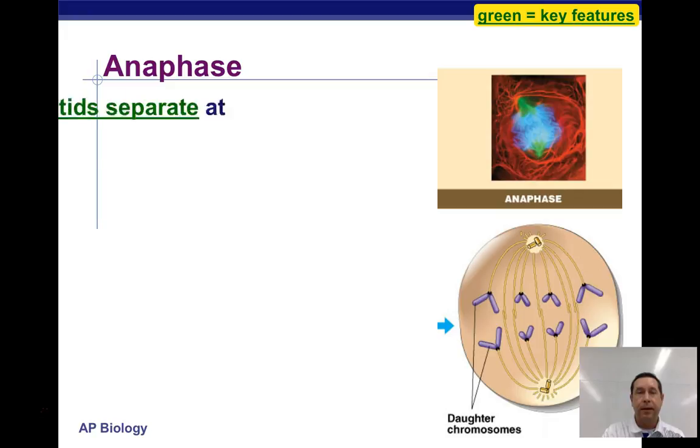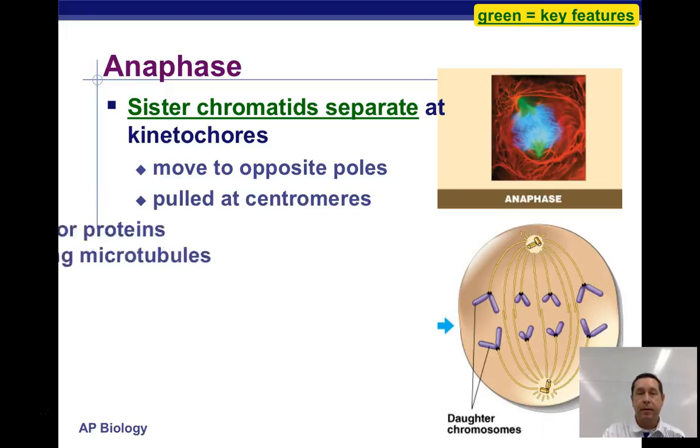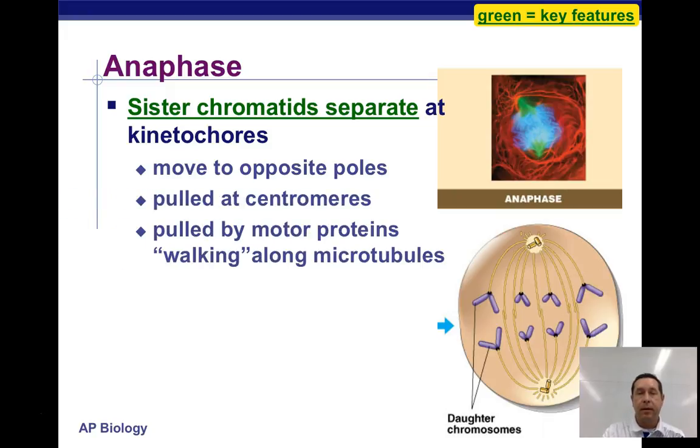Anaphase, the third phase: the sister chromatids separate at the kinetochore. They're going to begin moving to opposite poles, again through the help of the spindle apparatus. And there are basically motor proteins that kind of walk them along the microtubule.